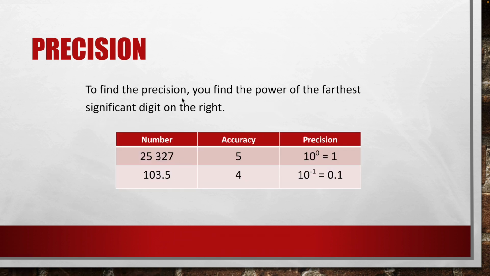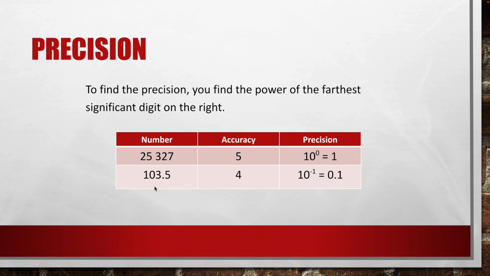So to find precision, you find the power that's the farthest significant digit on the right, and that will tell us the precision. So for example, the accuracy here is 5. There's 5 significant digits. The 7, which is the smallest significant digit, is in the ones place. So its precision is 1, or 10 to the power of 0.